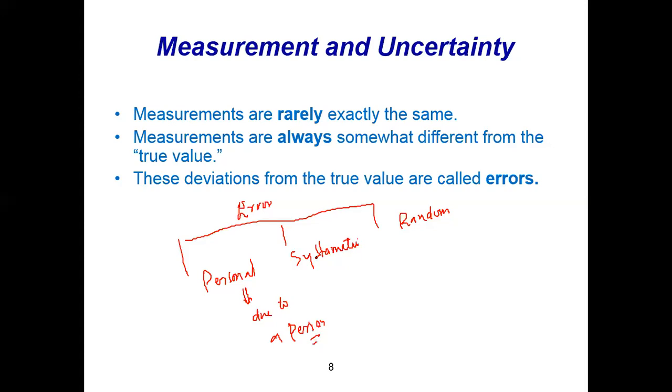We have systematic error. Systematic error is when there is error in the system. System means electronic devices. For example, if you are using a calculator and there is some error in it, 2 plus 2 shows 10, 2 plus 5 shows 20. The person is good and trained, but there is error in the system.